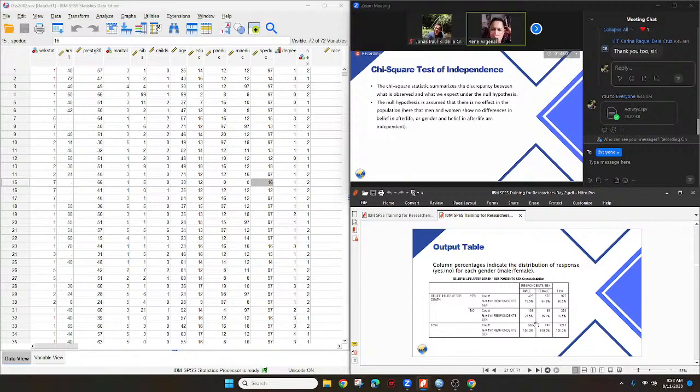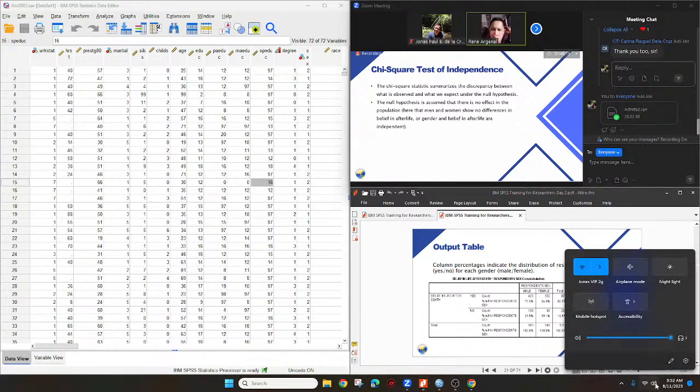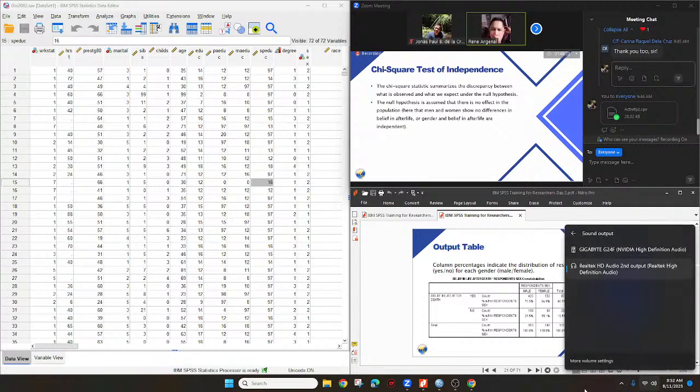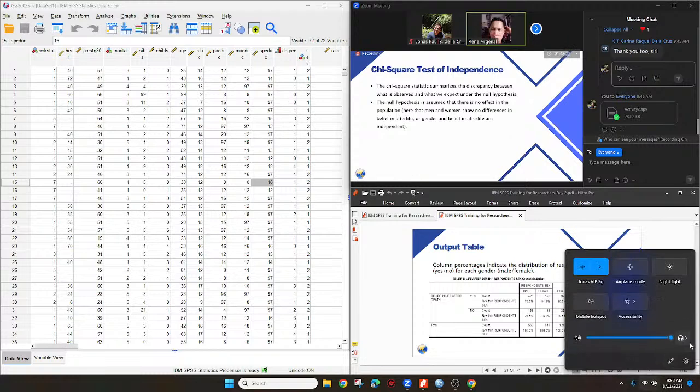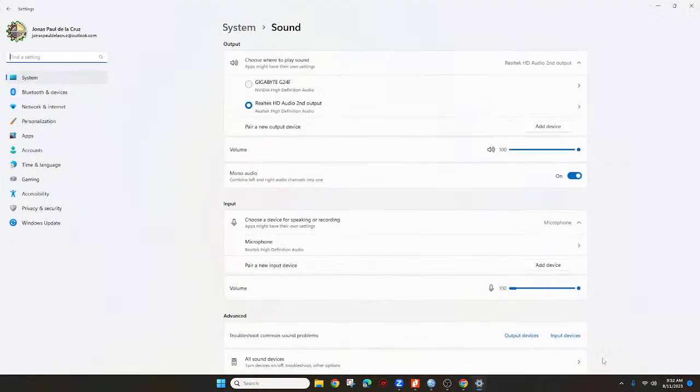When we collect data, we seldom collect results wherein we have the same frequencies. There is always a discrepancy, no? So we would like to check whether that discrepancy is enough for us to reject the null hypothesis, to tell us that there is a relationship.